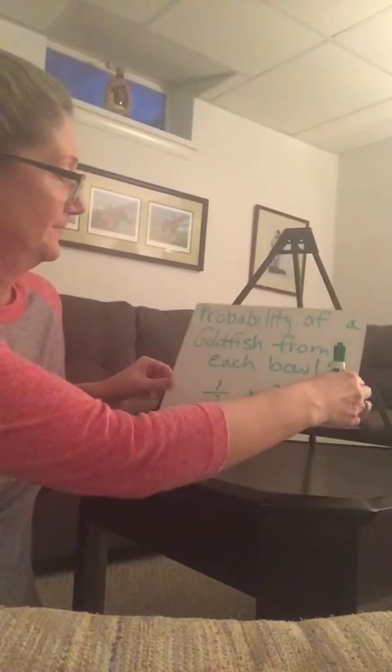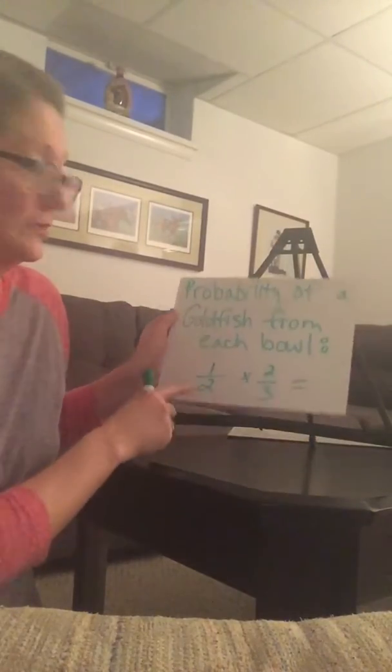Another example was the very last problem, and I don't think some of you were quite sure what it meant. It was the two goldfish bowls, and in the first one there was one goldfish, so it was 1 out of 2.